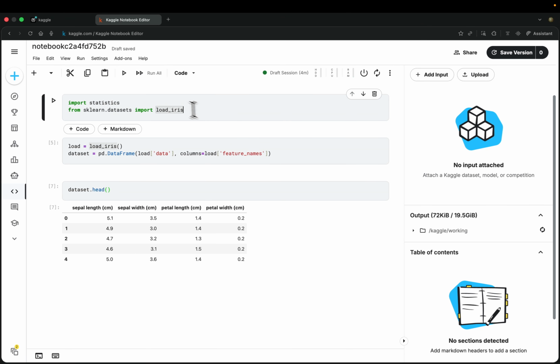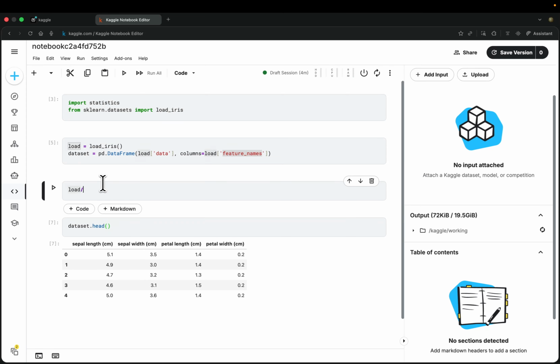So what do we do? We use the statistics module, and we load the iris dataset from scikit-learn. We load the dataset here, and we create a data frame with data from this dataset and columns like feature names from this loaded dataset. To be exact, I may just show you that the loaded dataset is a dictionary.